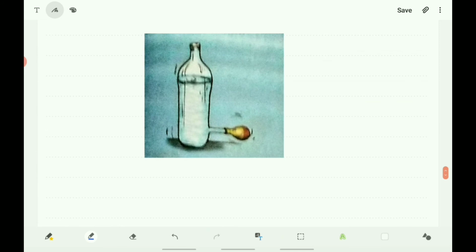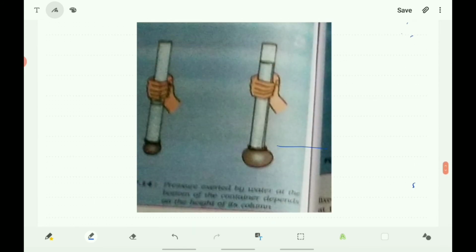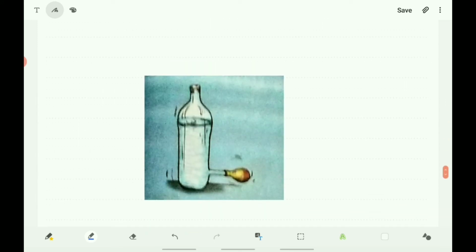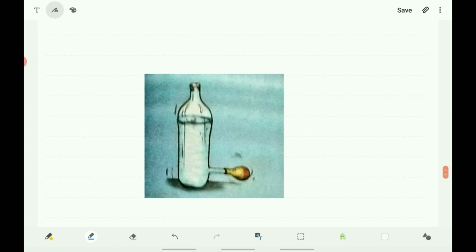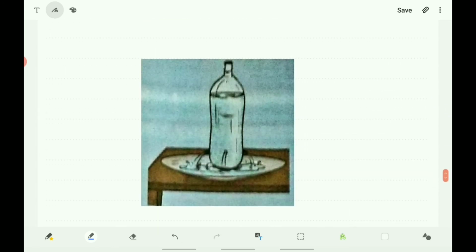Here, in the first activity, the pressure is exerted on the bottom, and in the second activity the pressure is exerted on the side of the bottle, and in the third activity an equal amount of pressure is exerted in all directions, on all parts of the bottle.